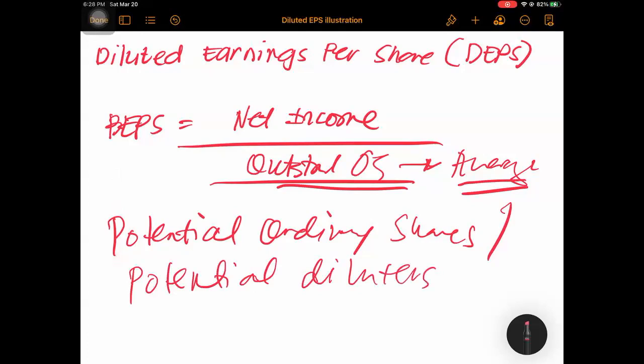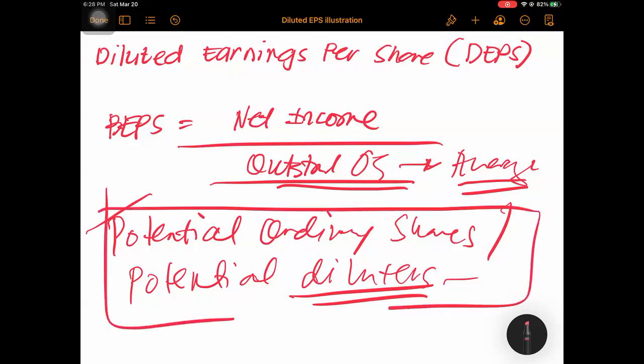Because of these potential ordinary shares, or potential diluters, the computation of our earnings per share becomes complex. It becomes somewhat complicated.